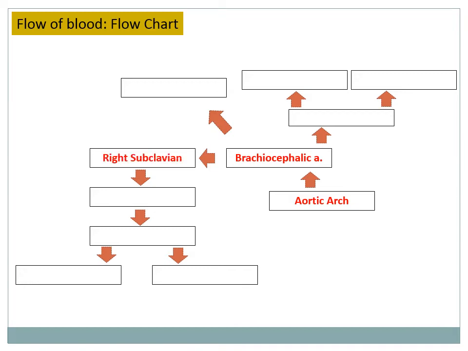Your right subclavian is going to branch into the axillary, then to the brachial, then to your radial and ulnar arteries. Your brachiocephalic also is going to branch into your right common carotid artery, which then branches into your internal and your external common carotid. And the last place that we've looked at that your brachiocephalic artery will branch into is the vertebral artery.